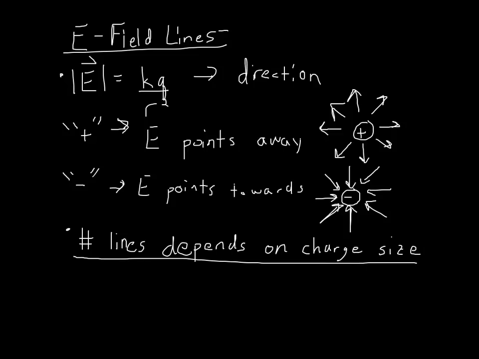Let's say I have a charge plus Q, and I'm going to draw the electric field of this charge. I'm going to draw one line going up, one line going away left, one line going down, and one line going right. So that means that this charge has 4 electric field lines. Now let's say I have another charge that I want to compare to this one, and it has a charge of negative 2Q.